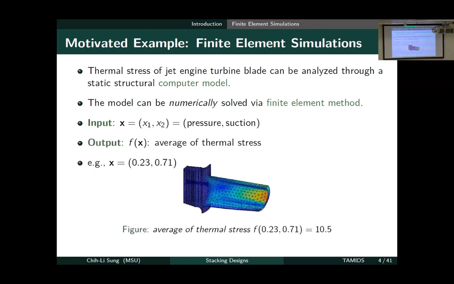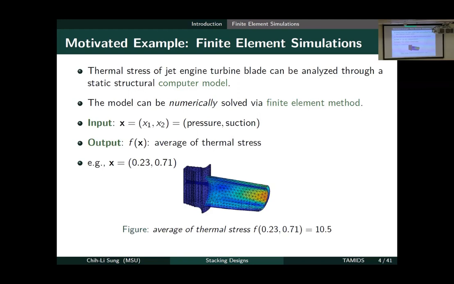And this is how the simulation looks. This is the simulation output, which is a 3D image. In this study, what we are interested in is the average of this thermal stress. So in this example, if I have pressure equal to 0.23 and suction equal to 0.71, I have 10.5 as our output.